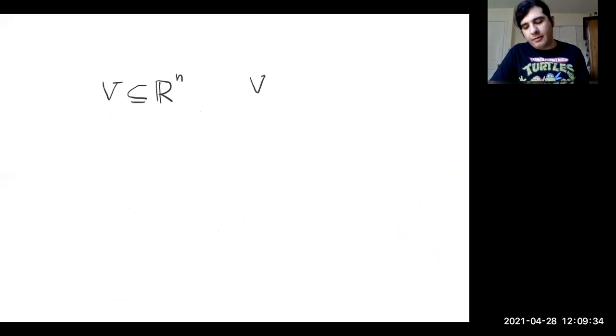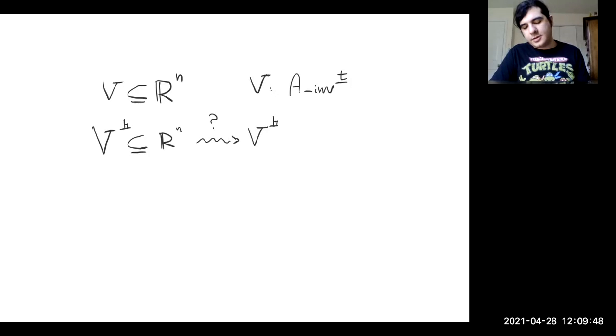So what should I do? I have this subspace V inside Rn, which is A invariant. I look at the normal subspace to V inside Rn. I want to show that this subspace is also A invariant, right? So what should I do?